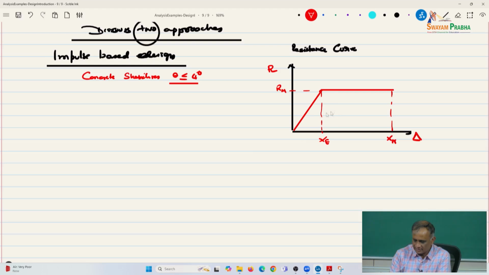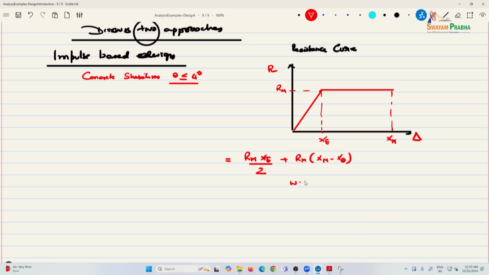On the side, the work done, if I look at the area under the curve, is Rm multiplied by Xe by 2 plus Rm multiplied by Xm minus Xe. So this is the work done.